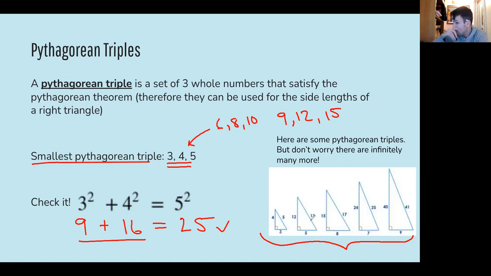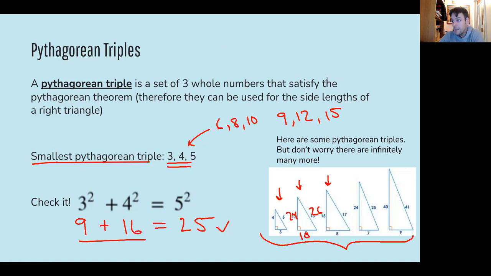After that, they start to get pretty big, but obviously any multiple of any of these would also work. So a multiple of 5, 12, 13 would also be a Pythagorean triple. If you multiply these all by 2, you could get 10, 24, 26. That would also be a Pythagorean triple.